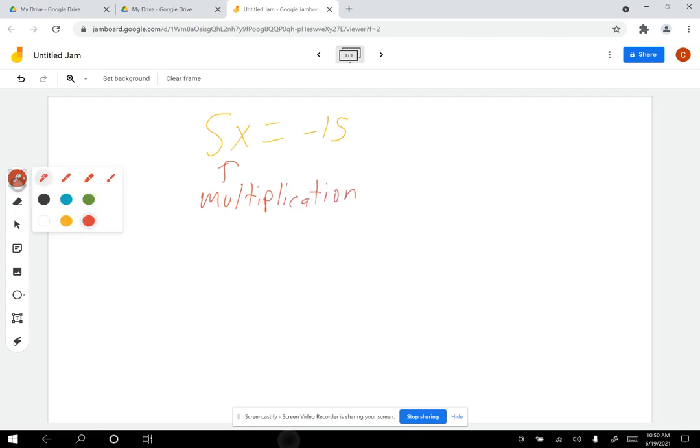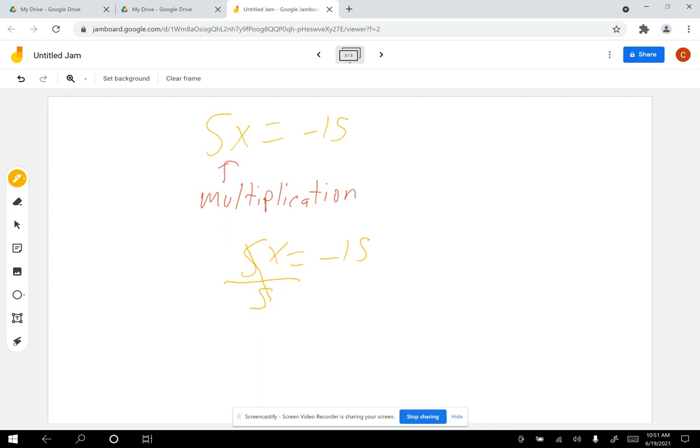Now, how do I solve when I have to multiply? Again, I still want to get x by itself because I need to find out what x is. What I can do here is, again, just do the opposite. So because I'm multiplying x and 5, I'm going to divide by 5. Because 5 times x divided by 5, we get 1.